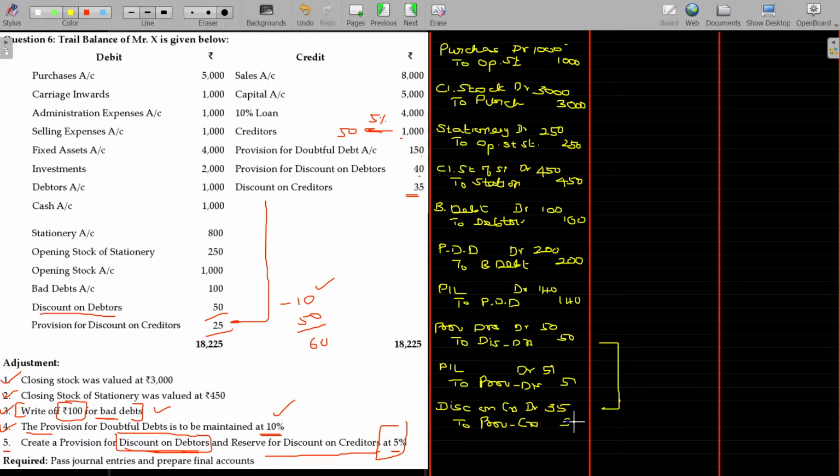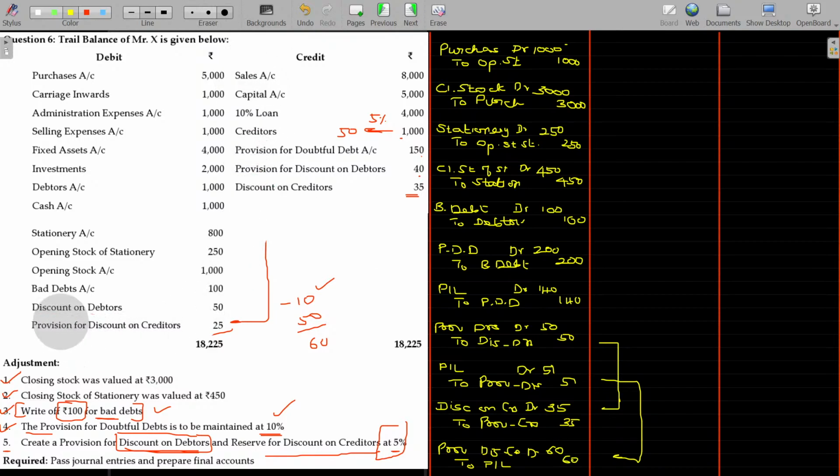Then next entry being provision required to be created for next year's requirement, similar to this one but inverse. Provision for discount on creditors account debit to P&L account. The value being 60 rupees.